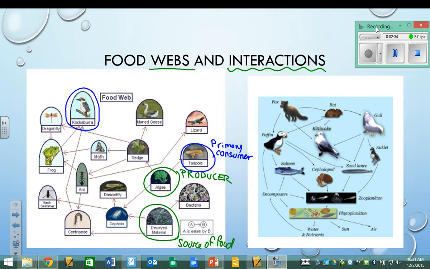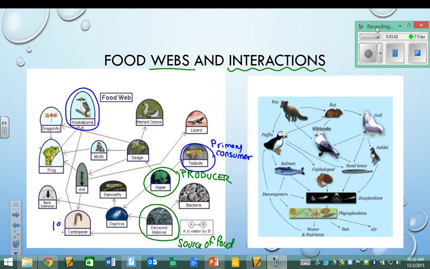Now the kookaburra is eating a bunch of different organisms. So if we follow the lines, the kookaburra is eating the frog. The kookaburra is also eating the centipede. So if I want to classify the kookaburra, I have to ask myself, what are the classifications of the organisms that it's eating? So we'll start with the centipede.